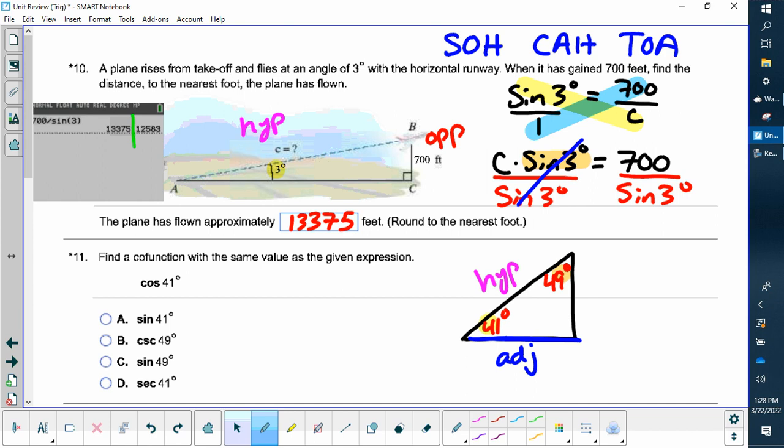Now, if I'm looking at the other angle, this is no longer the adjacent. Now this is the opposite. An opposite and hypotenuse just happens to be a sine problem. And so my answer here is C, sine of 49, and I'm saying it's equivalent to cosine of 41.